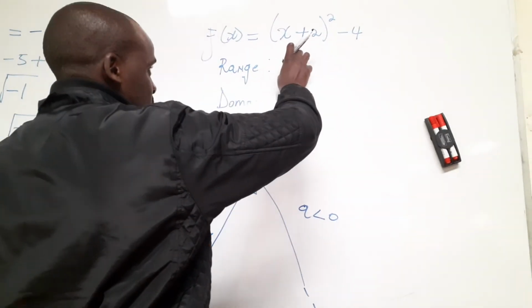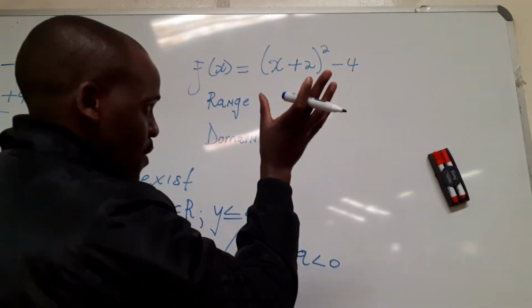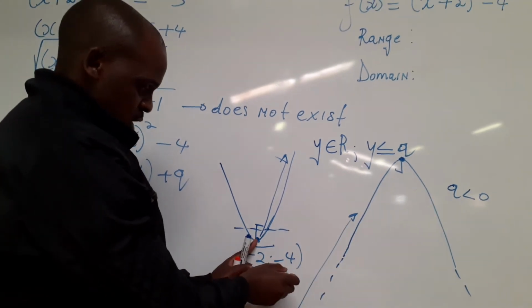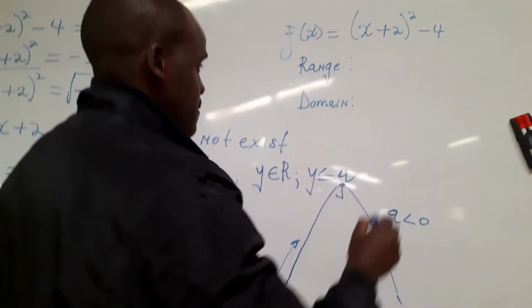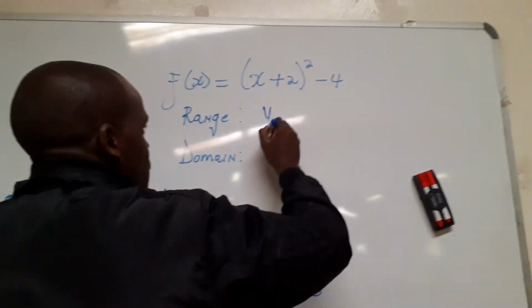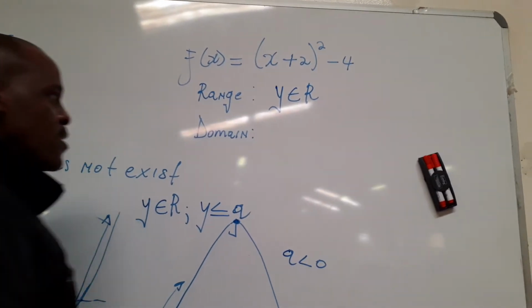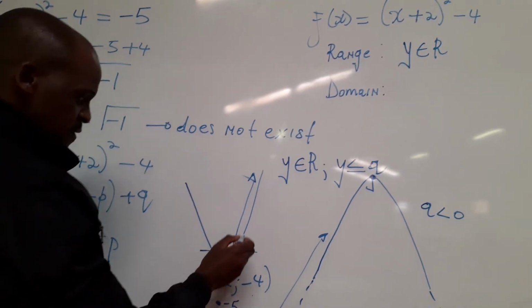Coming back to this one, this is concave up, so the range has to be greater than or equal to negative 4. Y can be any value here.